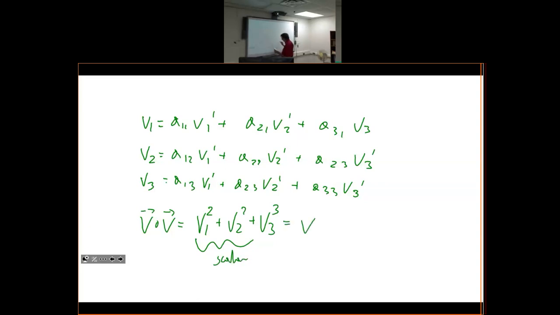So this must be the same as the dot product between the same vector, but in a different coordinate system. So we can say that this is also V1 prime square plus V2 prime square plus V3 prime square. Okay, that is true.